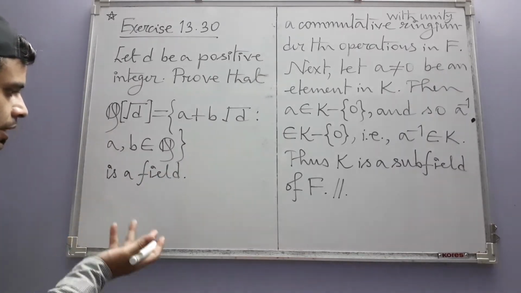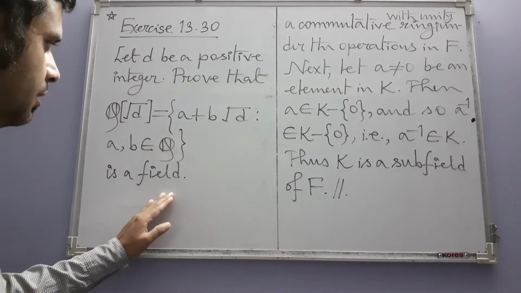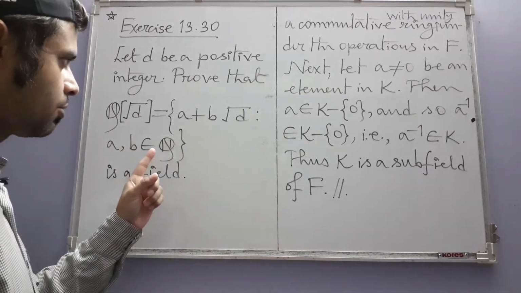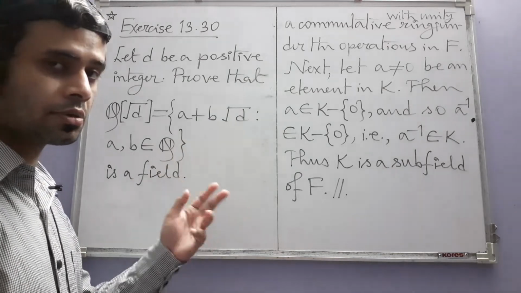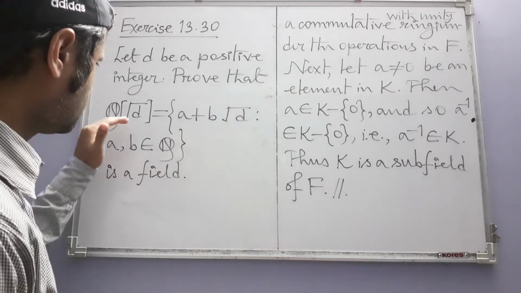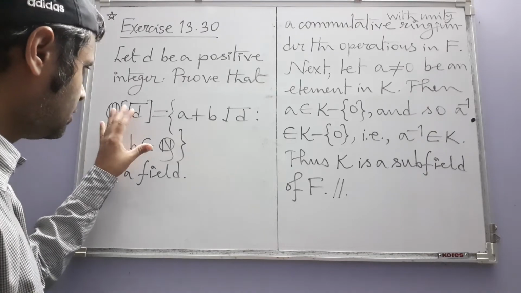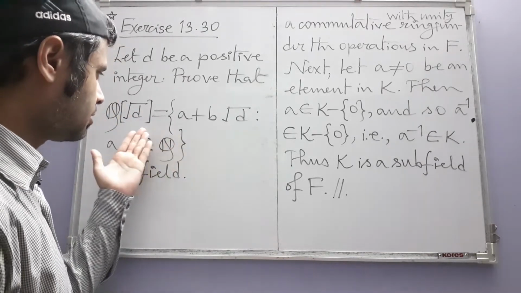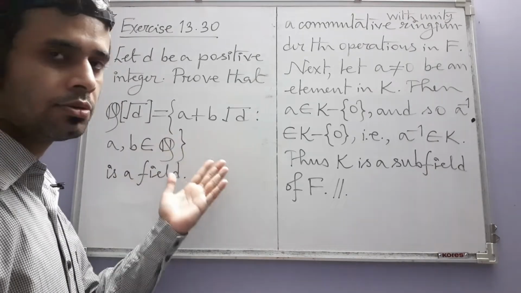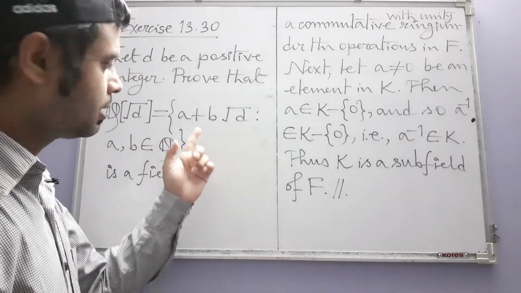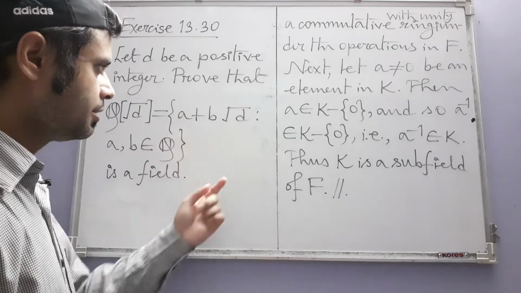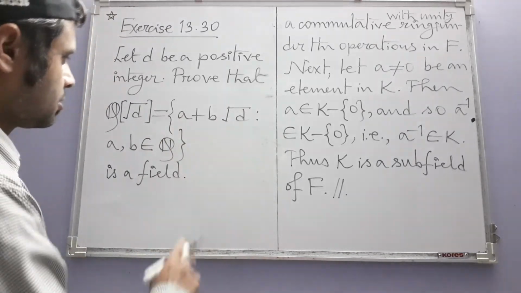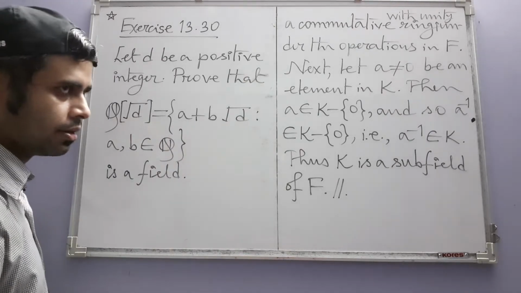Now if something like this is simply given, then it's meaningless. But we know from context what the author is trying to say here. Although we just see a set, he requires us to show that this is a field under ordinary addition and multiplication of real numbers, because after all these are real numbers.